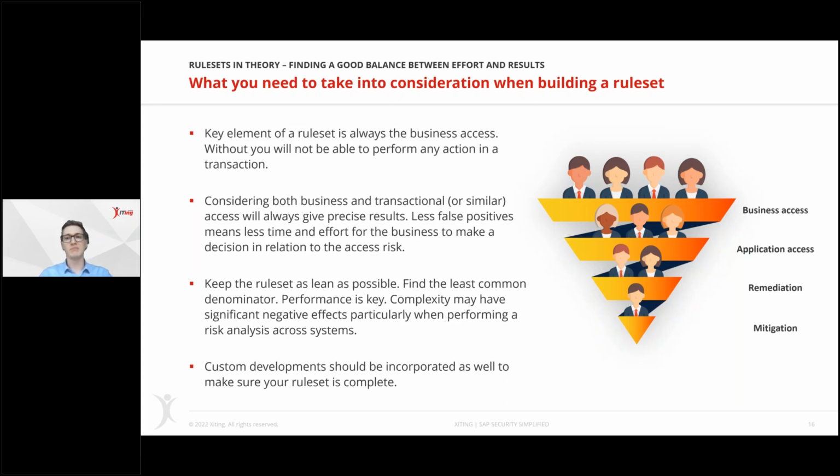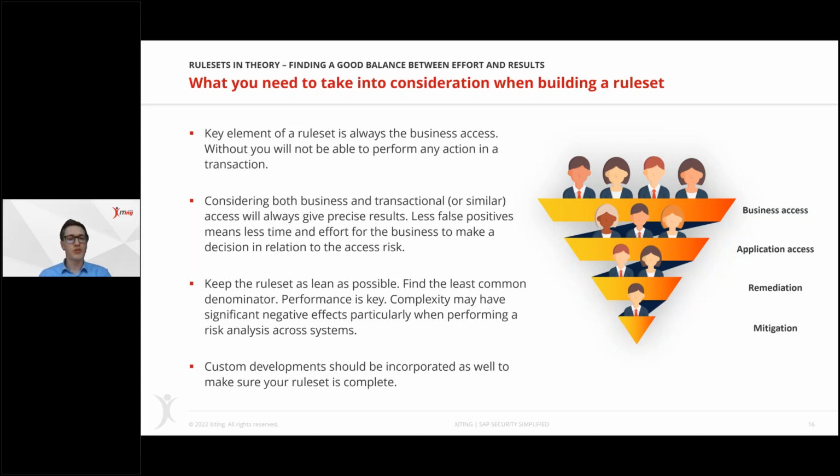Precise results means always first looking at the business access, but also talking about the application access, then doing the remediation, and only finally doing the mitigation, because the mitigation is again business responsibility, and it's very unlikely that the IT department would be able to do the assignment of mitigating controls. In the end, business is responsible for their processes, and it should never end up with the IT department.